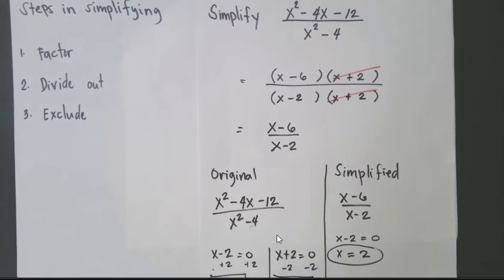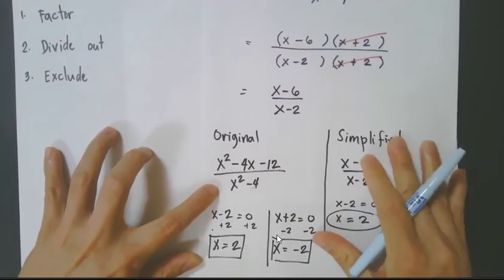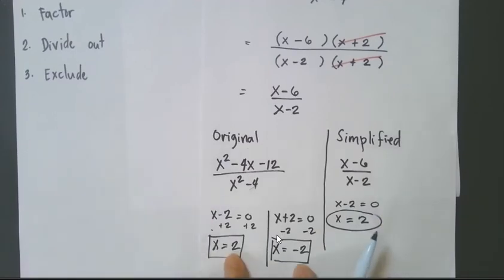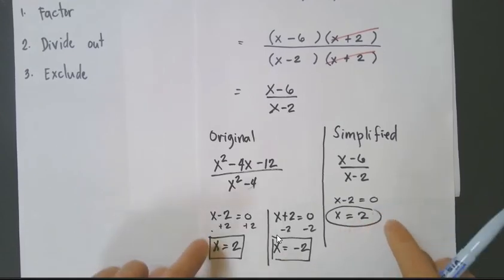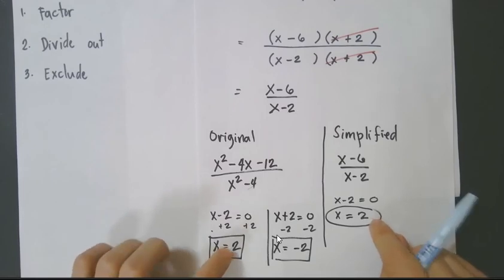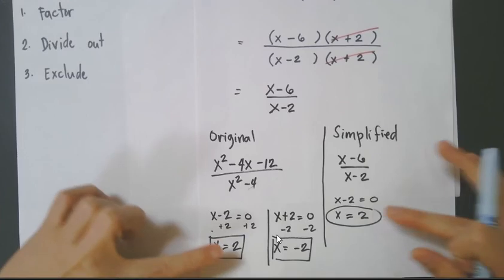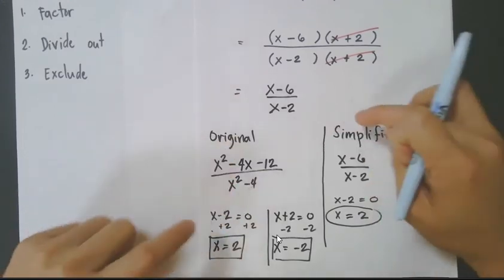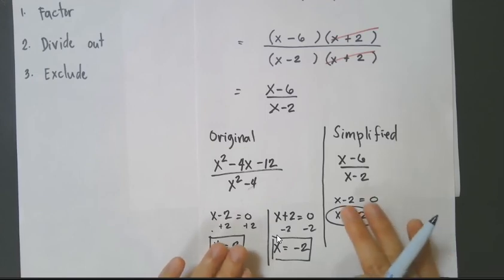Now, for the original, the excluded values are positive 2 and negative 2. While for the simplified, the excluded value is positive 2. Since they both have 2 as an excluded value, we don't need to write that the problem has an excluded value of positive 2.